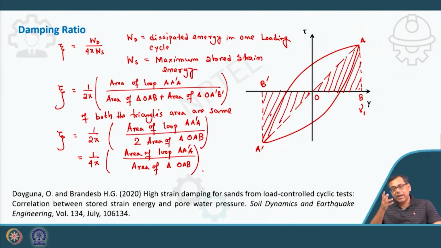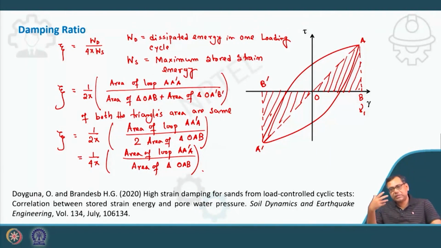Because the reason is that, as I mentioned, in the equivalent linear approach we are representing the non-linearity of the soil, but in a simplified form. So if we use this approach for a very highly non-linear soil, then this simplified form actually overestimates the maximum stored energy.